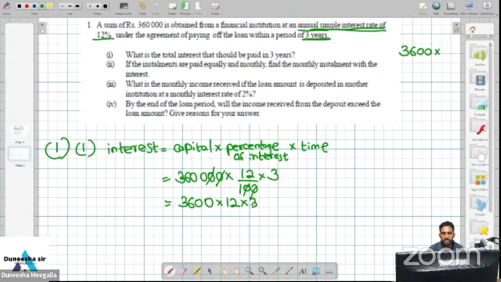12 multiplied by 3 is 36. Can you get the answer?